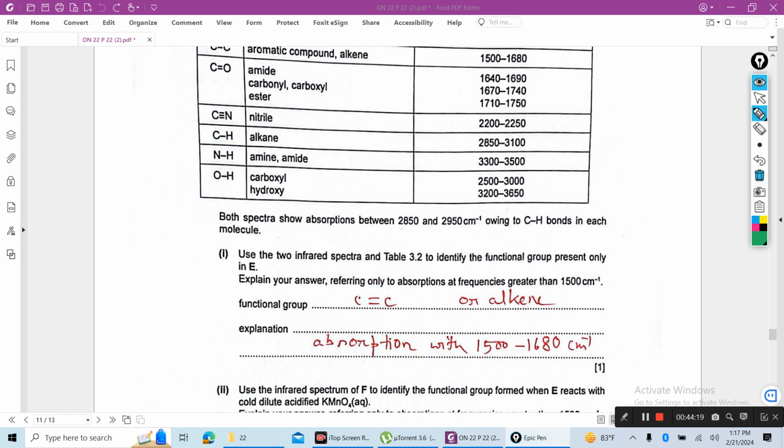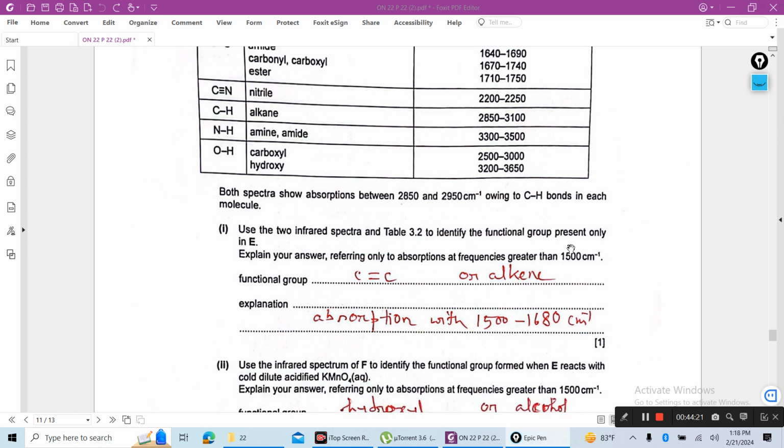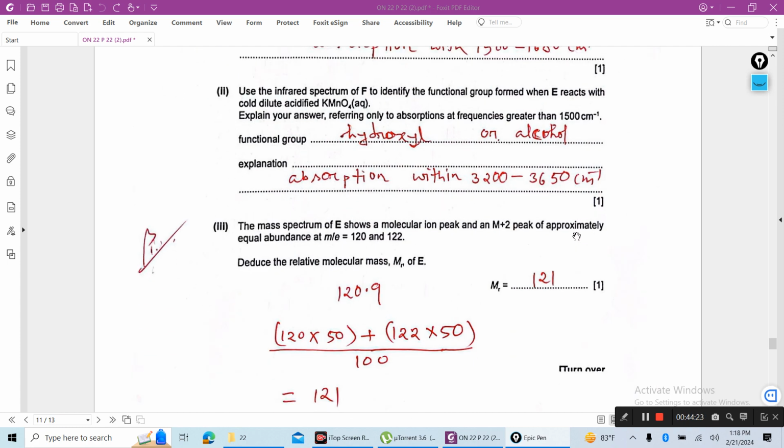Now we go to the next one. Use the infrared spectrum of F to identify the functional group formed when E reacts with cold KMnO4. That means a diol is formed, an alcohol is formed.